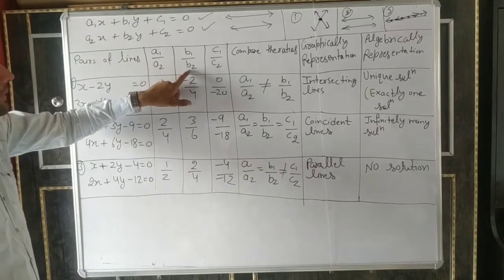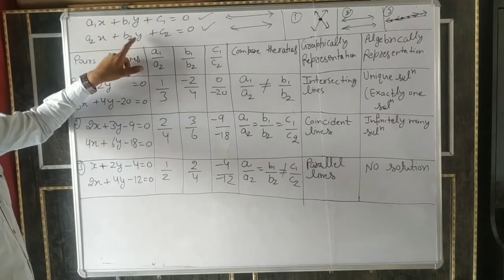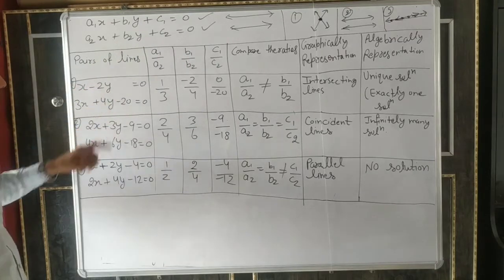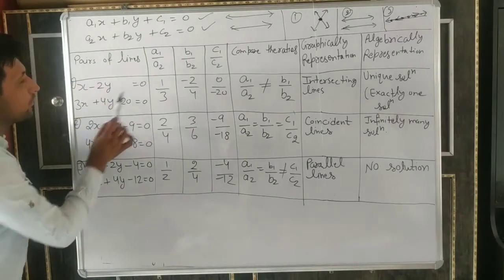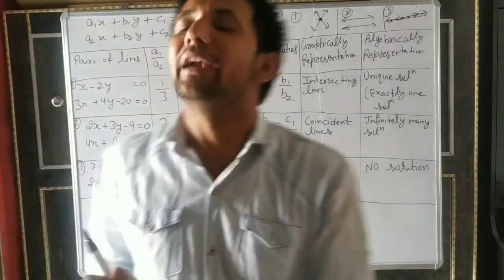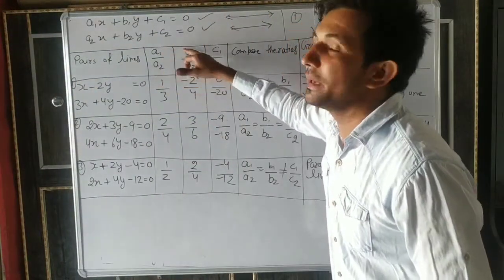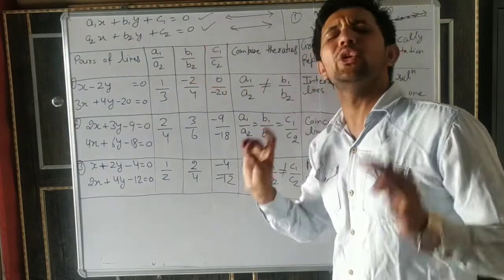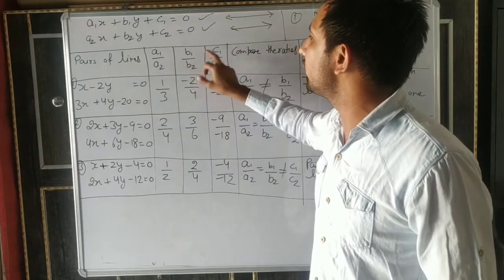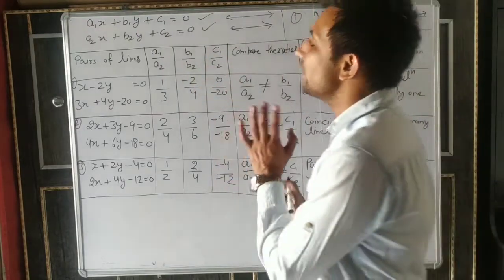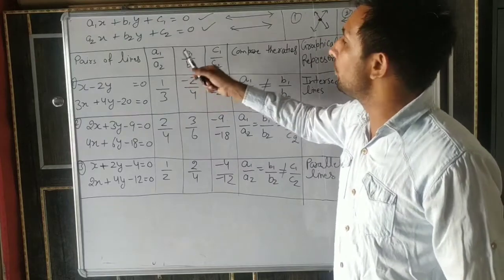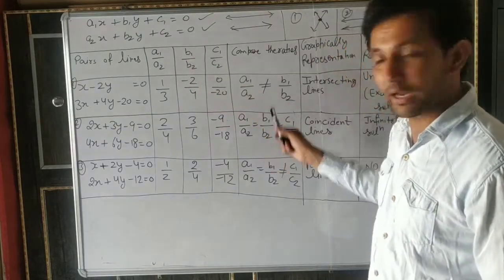B2 is the coefficient of y, which is 4. So minus 2 divided by 4. In every question we will find A1 by A2, B1 by B2, C1 by C2. First we find A1, A2, B1, B2 and C1, C2, and check whether they are equal or not.